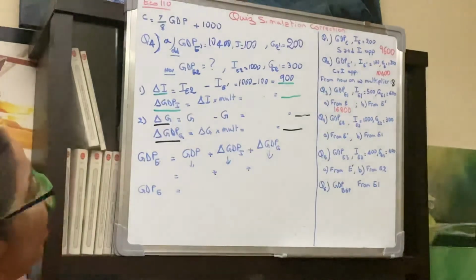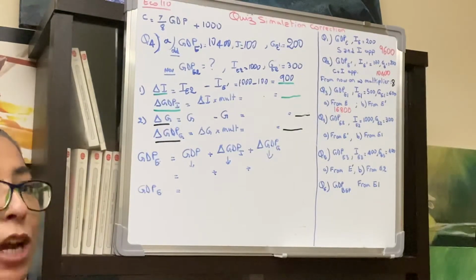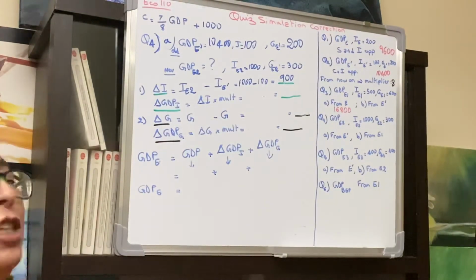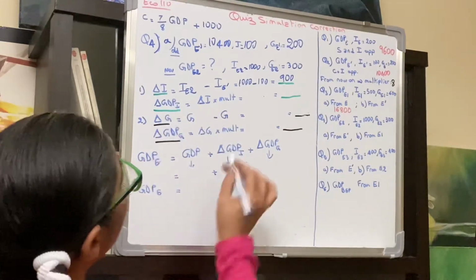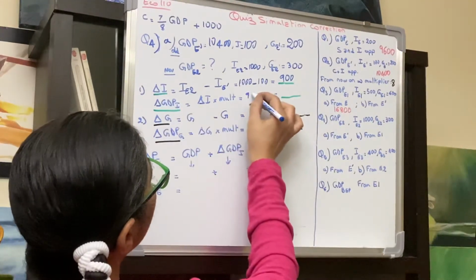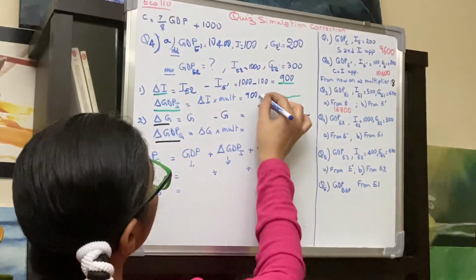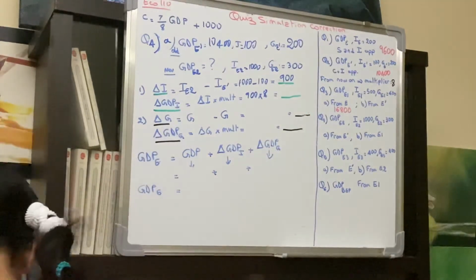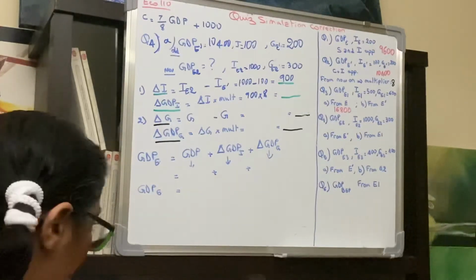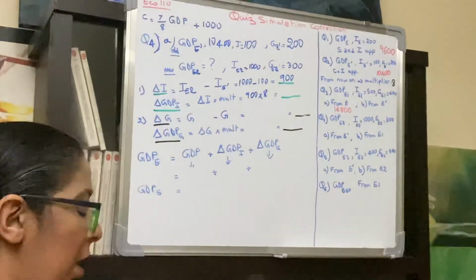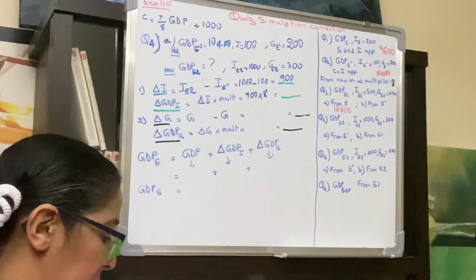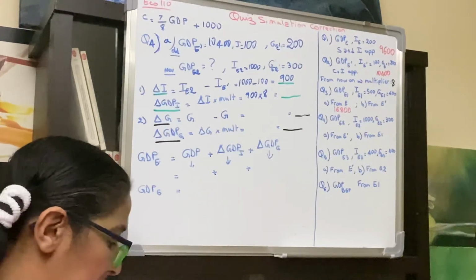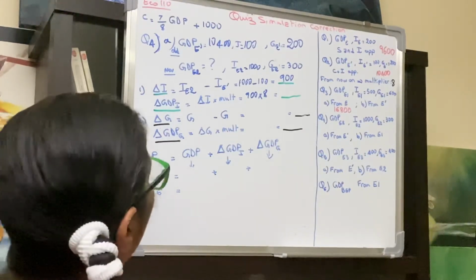Okay, so delta I times the multiplier would be your change in GDP due to investment, delta GDP I. So it's 900 times 8. 900 times 8, 7,200.